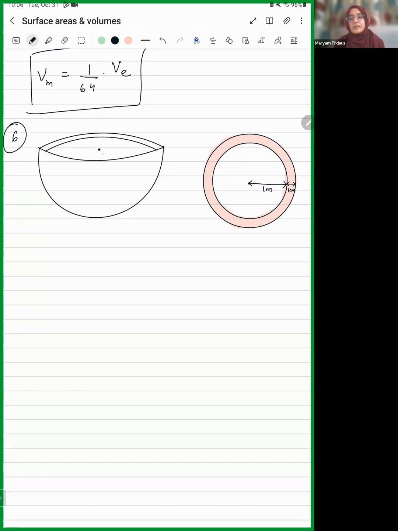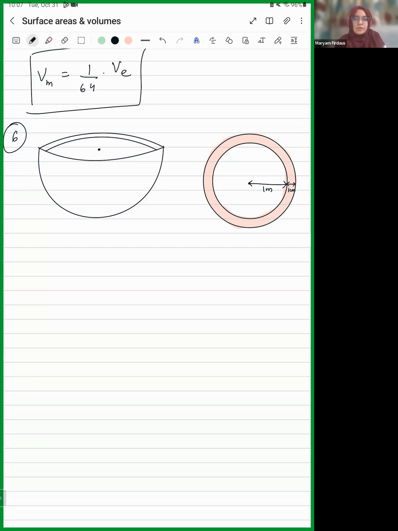We know that the thickness is 1 centimeter. Yes, but that is just the thickness, and thickness is something you can measure with a scale. It is a one-dimensional quantity. That is why it is centimeter, not centimeter square or centimeter cube. It is just centimeter, because it is a one-dimensional quantity. They are asking you to find the volume of the iron, basically the volume of this entire thickness portion.